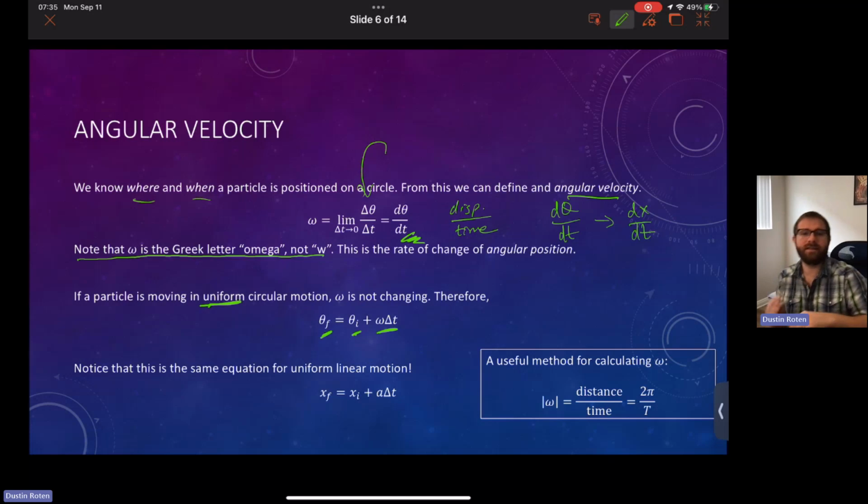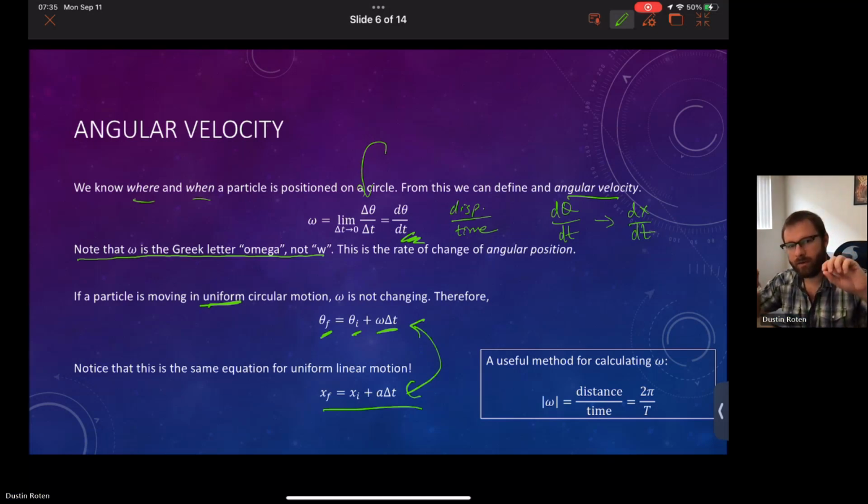So you'll notice that this is the exact same equation for uniform linear motion. So it's really good to think about when you're doing circular motion stuff. If you take that circle and break it apart, and think about it like a linear problem or a 1D kinematics problem, as long as your acceleration is constant, all of those equations are going to work.